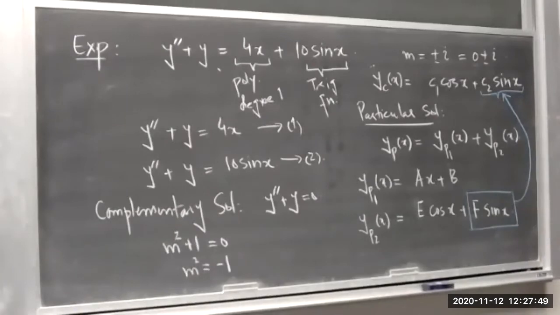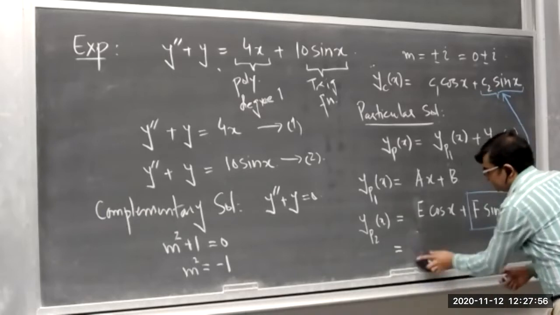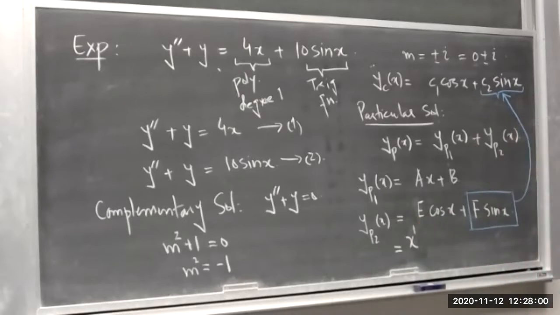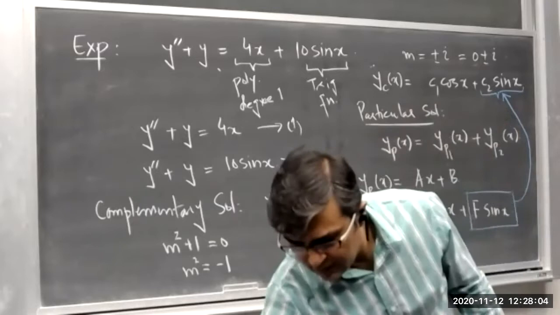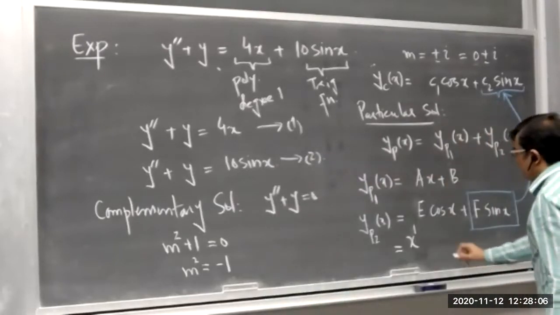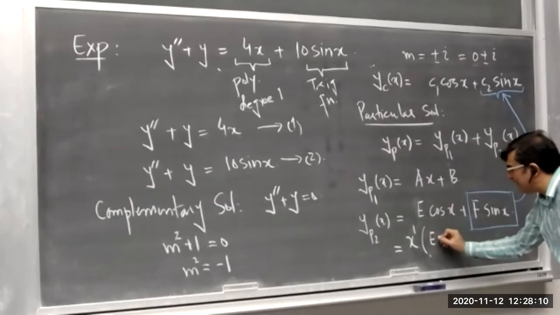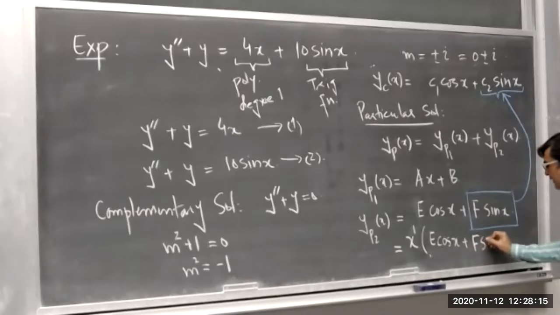So in this case, I'm going to choose here e raised to the power x, because if we choose the value of n equal to 1, it will make the two functions different. So I'm going to choose n equal to 1. So the new particular solution in this case will become now this thing.